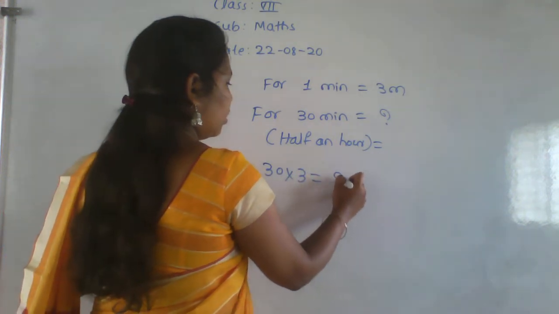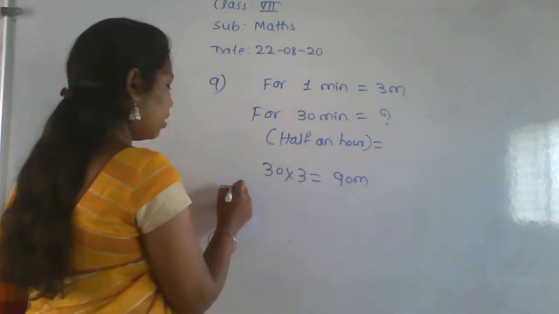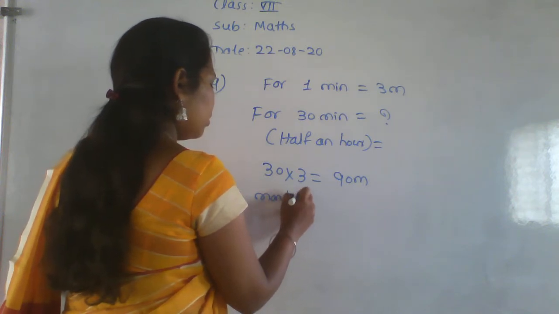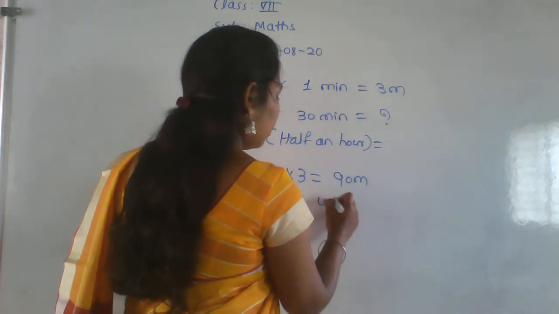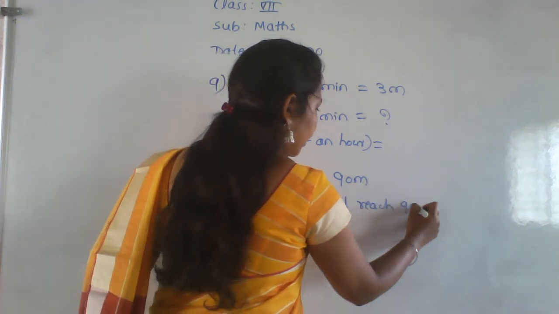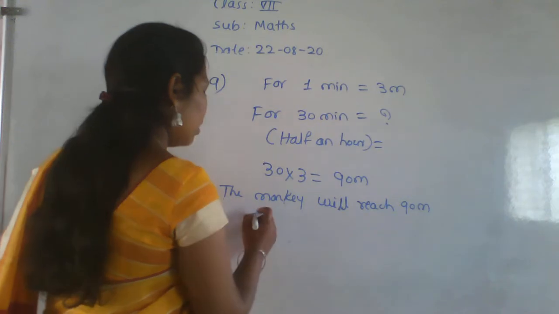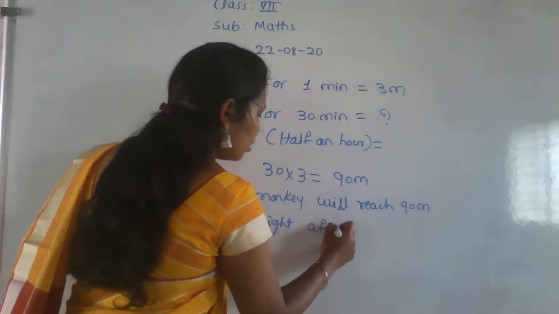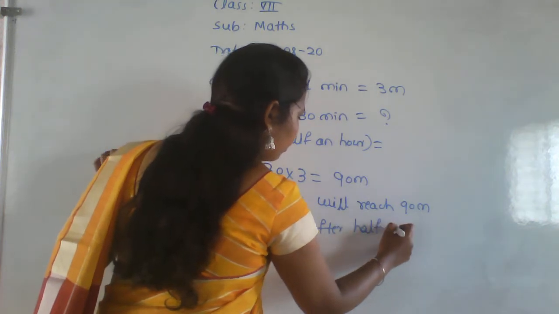That is 90 meters. The monkey will reach 90 meters height after half an hour.